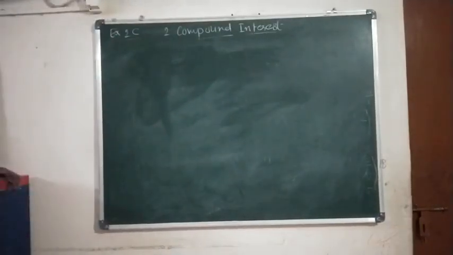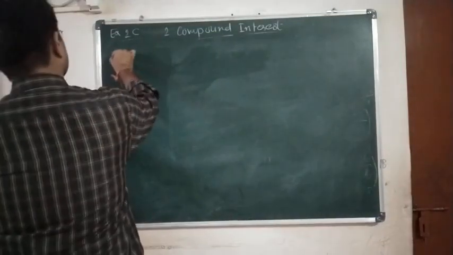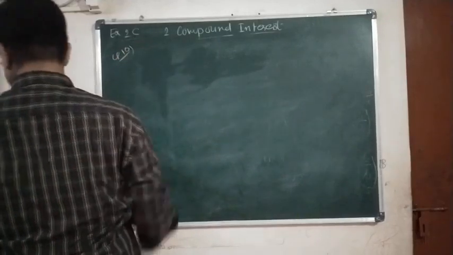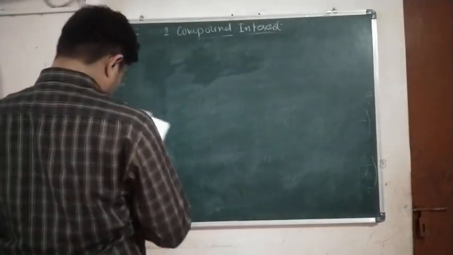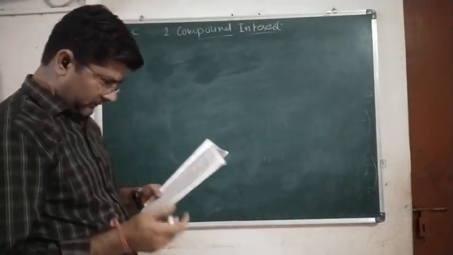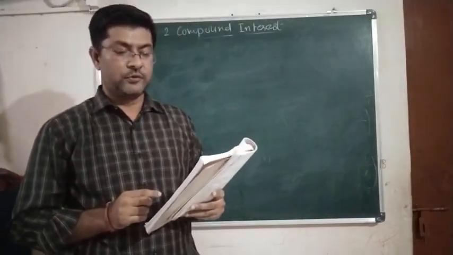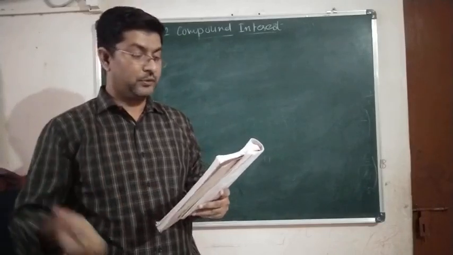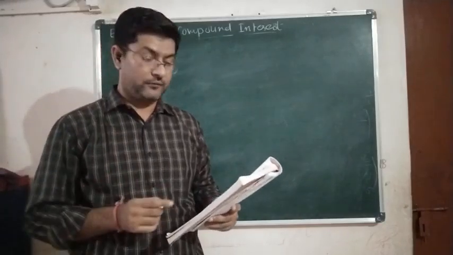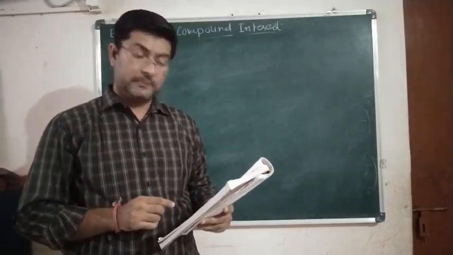Now let us solve question number 10. In a factory, the production of scooters was 40,000 per year, which rose to 57,600 in 2 years. We have to find the rate of growth per annum.